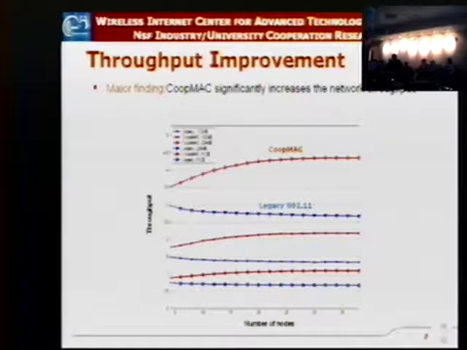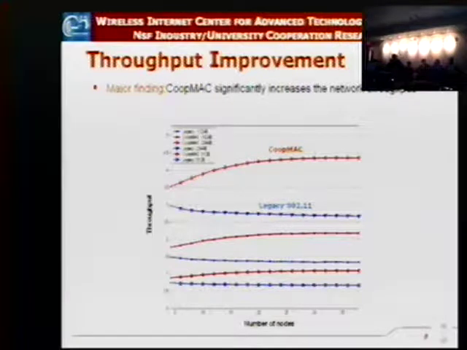Something interesting is that as the number of nodes increases, the legacy 802.11 has a slight decrease in the throughput. This is because of the collisions. As the stations become more and more, there are more collisions in the network, so there is a degradation in the throughput.